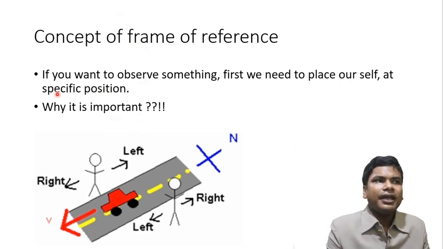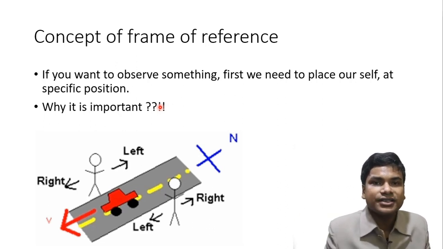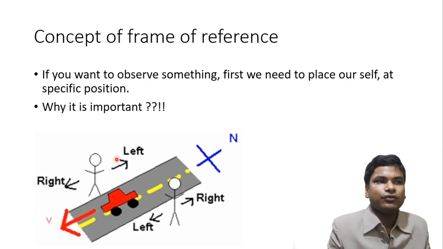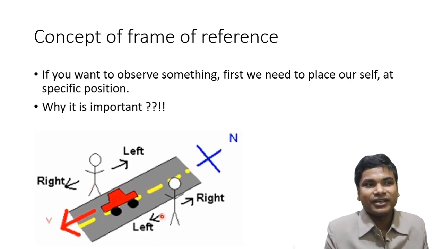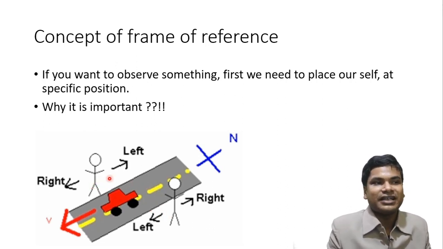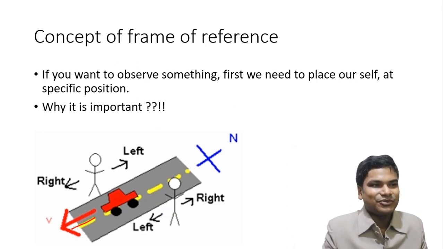Now, why is it important to understand that we need to rest ourselves at a specific position? Suppose there are two friends, you and your best friend, and a car is moving on this road, and you and your best friend are standing on opposite sides of the road. Now, as you can see, the car is moving in this direction.